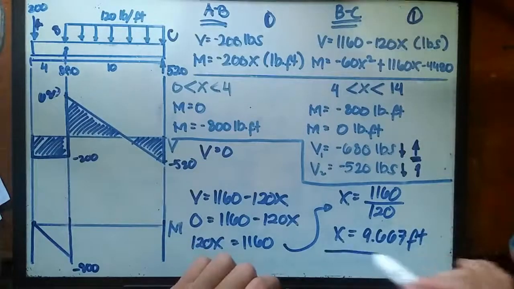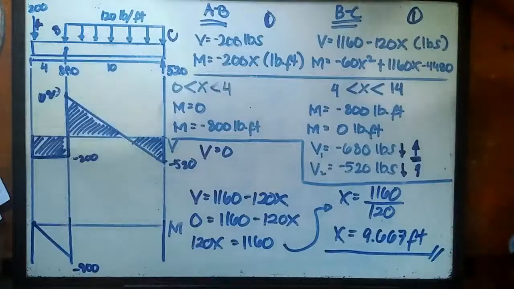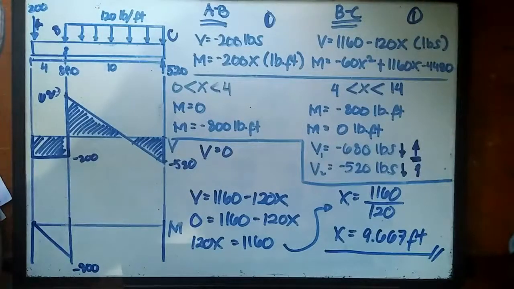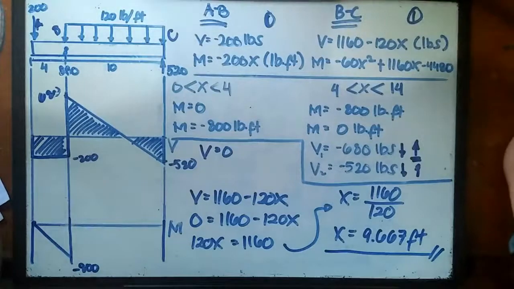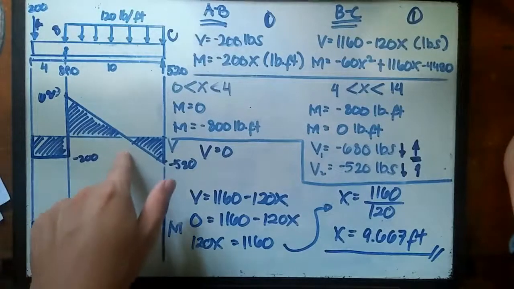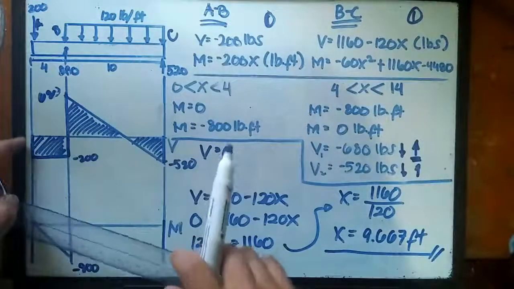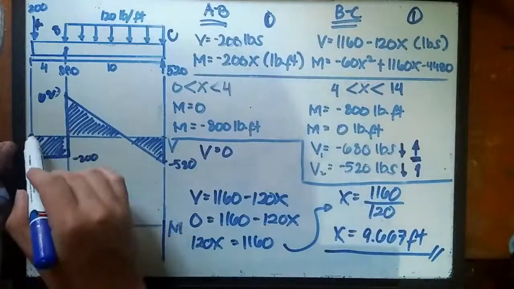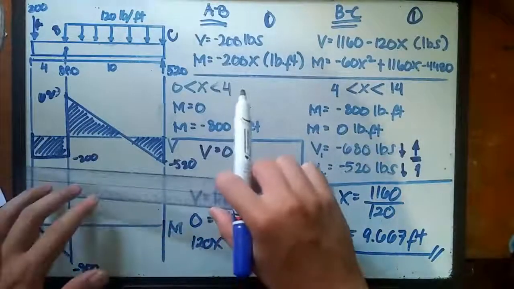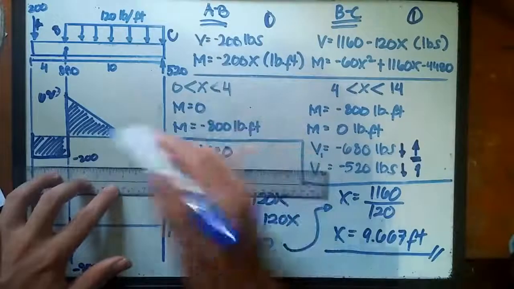So this is the location from point A where the measurement or the location of the maximum bending load can be found. Means to say, from this point, measure it up all the way here.